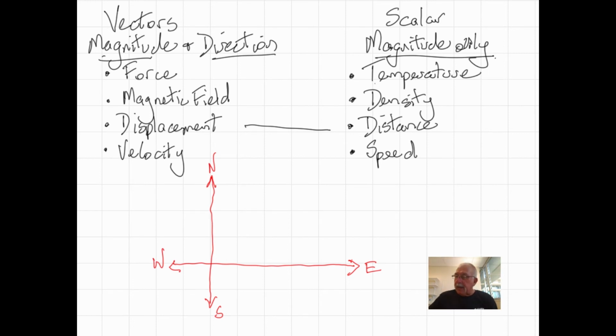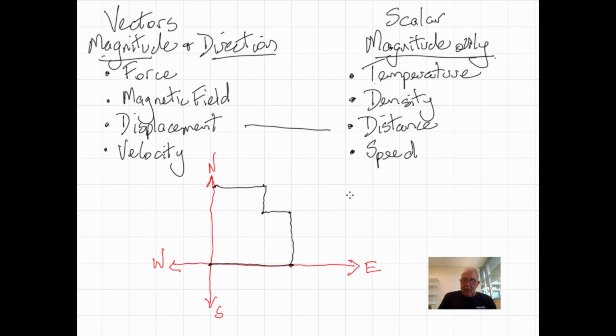And so we have an object that simply moves from the origin. We'll call this the origin here, where they intersect these lines. And say it moves 3 units out in the easterly direction, and then it travels 2 units up in the northerly direction, and a unit back in the west direction, another unit up in the north, and then 2 units in the west direction to finish up.